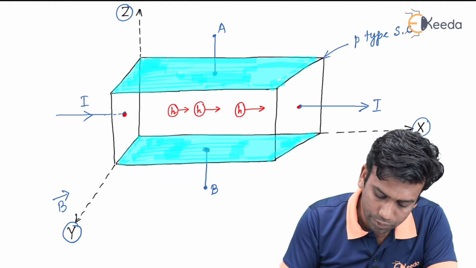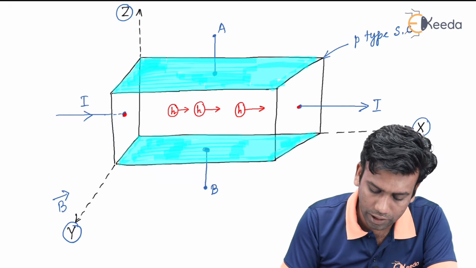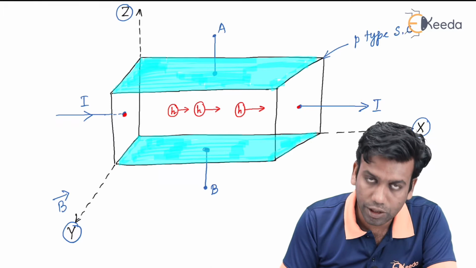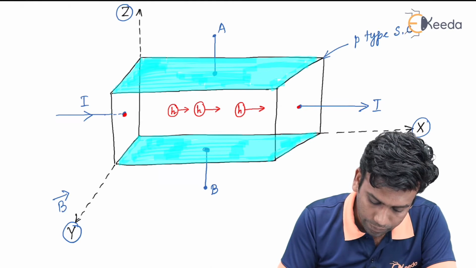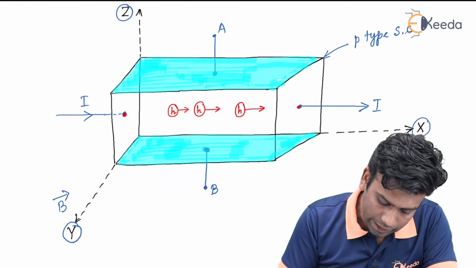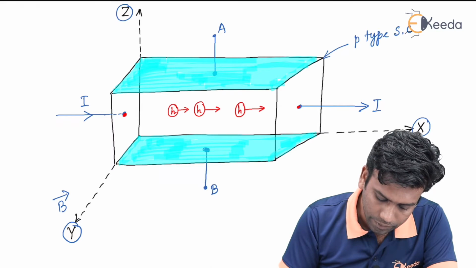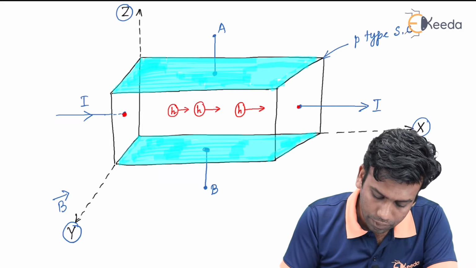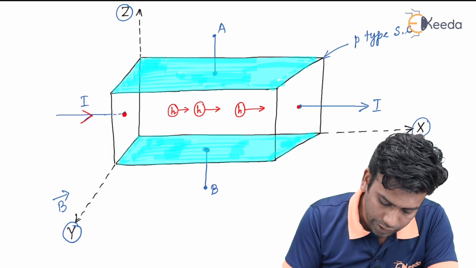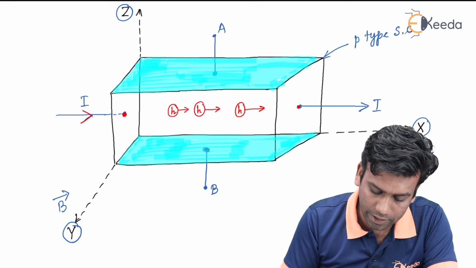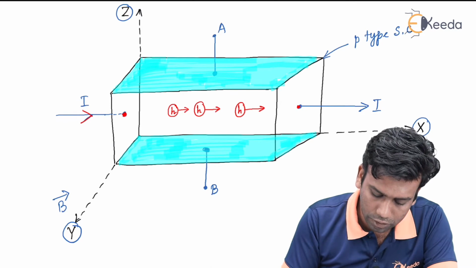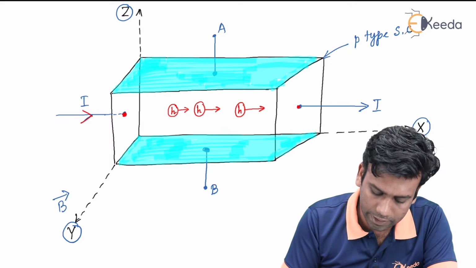Let us assume that they have some velocity v during the movement due to the current. Since the current is moving in the positive x axis, the velocity direction of the holes will also be in the positive x axis.